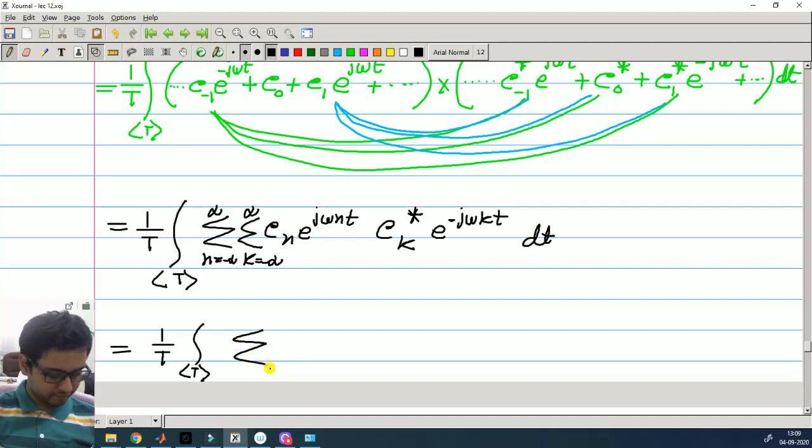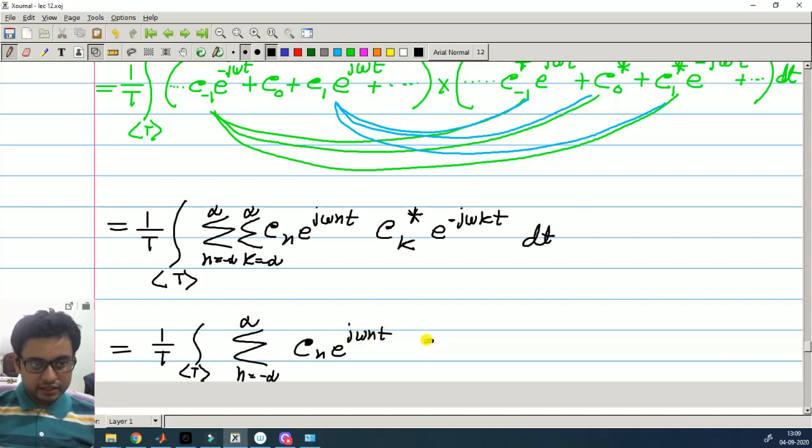So we have summation n equal to minus infinity to plus infinity Cn e to the power j omega nt, and Cn star e to the power minus j omega nt.